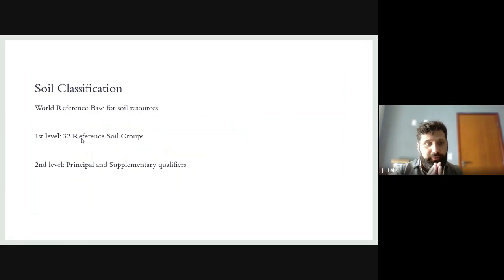So we really need to make a very good soil description in the field so we can classify soil in the field. Maybe sometimes, if I don't have a lot of experience, I can make a soil classification that's not so good, maybe something wrong in this topic or another topic, but we can correct it after the lab analysis, not a real problem.